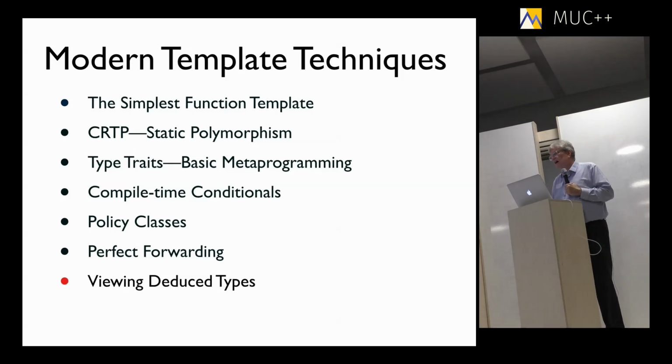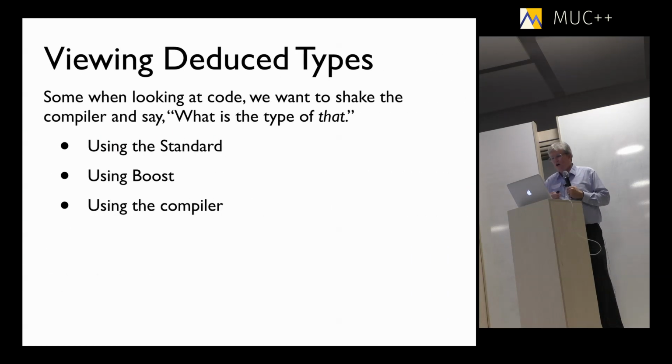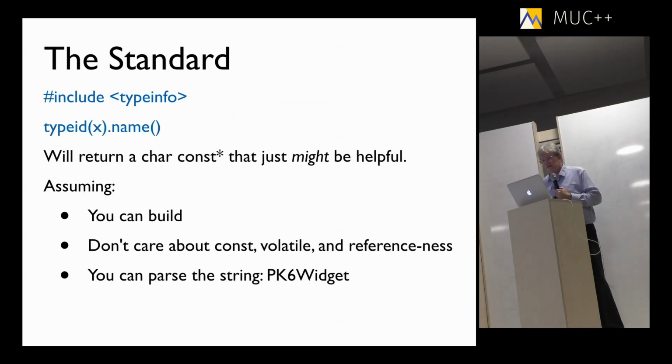Or if you use something like CPP Inside or a tool like that, you can probably use that. But some of us, our idea of an IDE is Vim, right? So what do we do if we don't have a sophisticated IDE? All right, so we're going to look at three options. One is using the standard, the other is using Boost, and then we're actually going to ask the compiler directly.